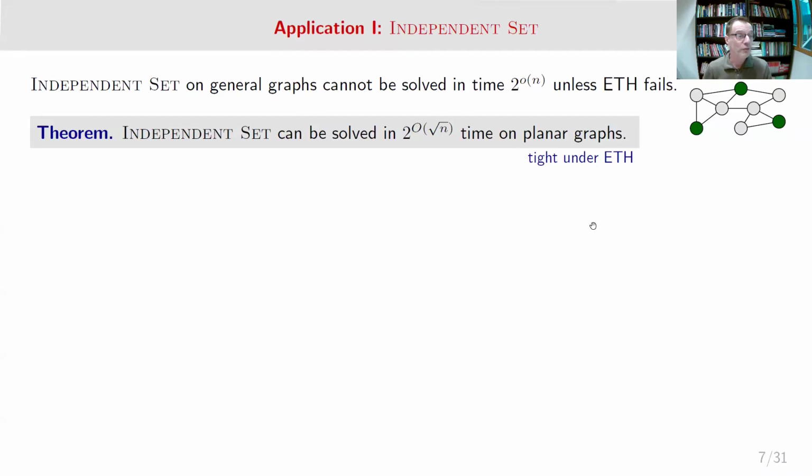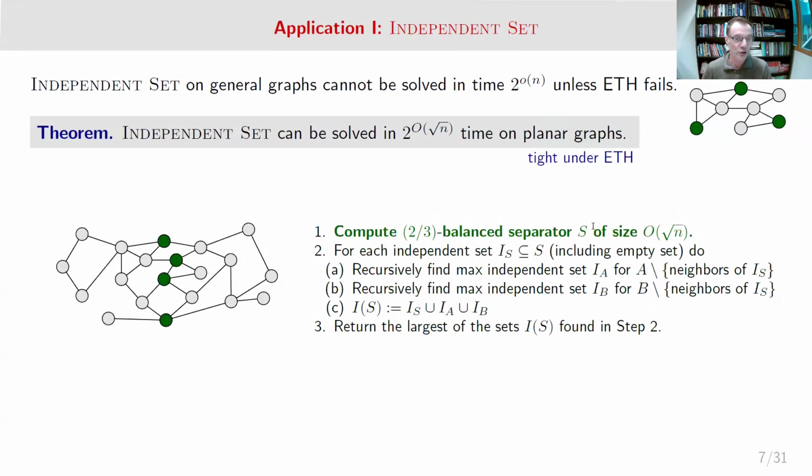And the algorithm is trivial once you have a planar separator, because what you do is you compute this planar separator, and here I put 2/3 for the balancing factor, but that doesn't really matter. And then I simply try all possible independent sets for the separator.